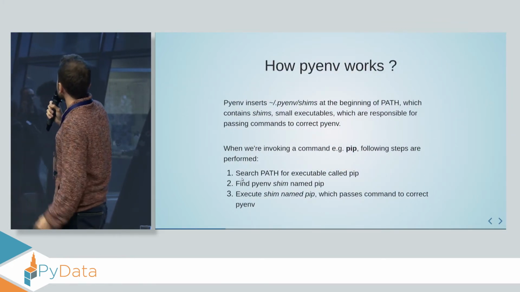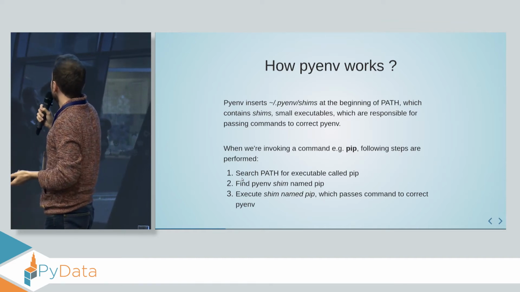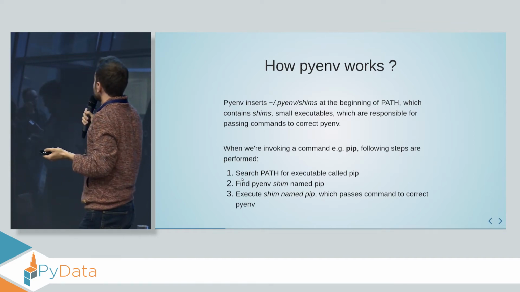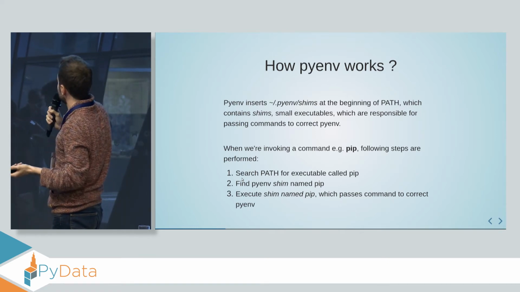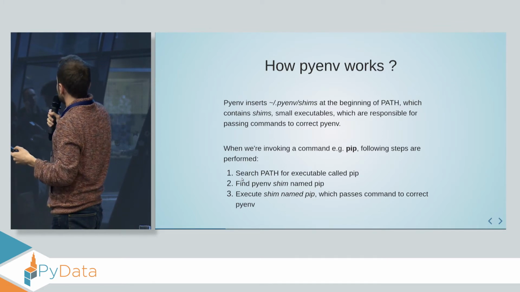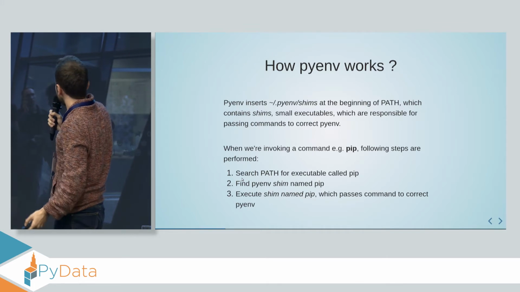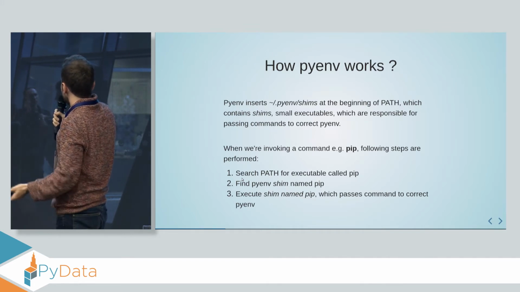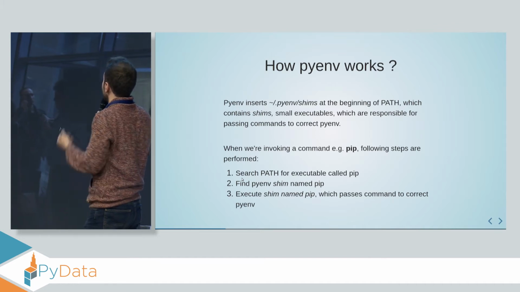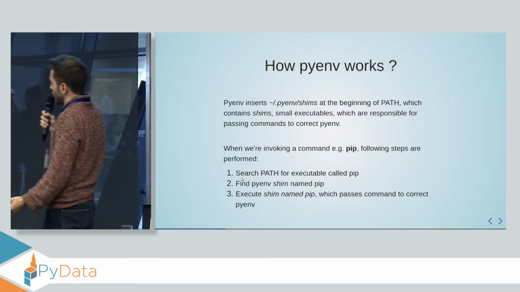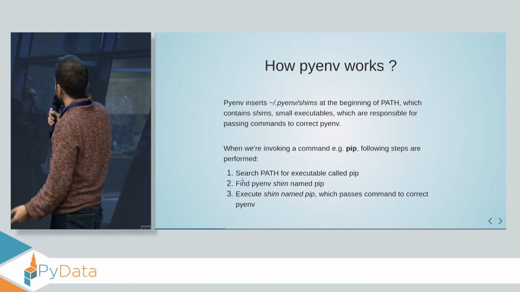And how it works in a little bit of magical way. So what it does, it inserts pyenv shims directory at the beginning of your search path. So when an executable is searched for, it always will find a shim with the executable, and the shim is a small program that passes the command to the correct Python version.